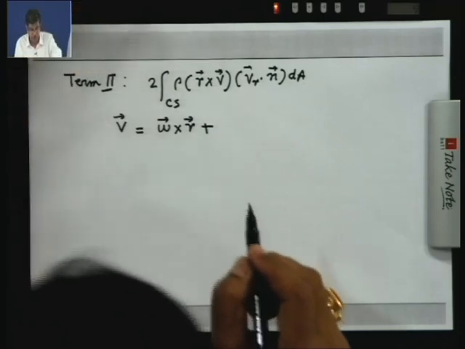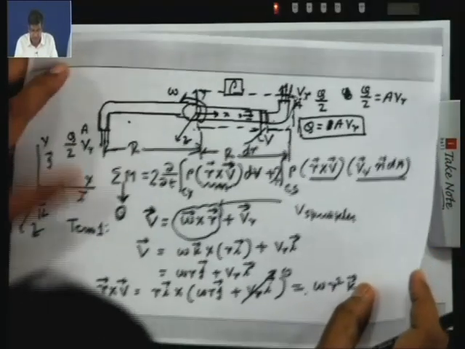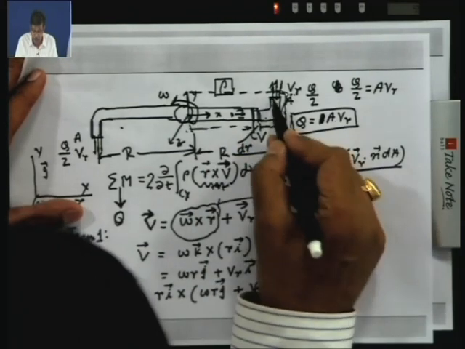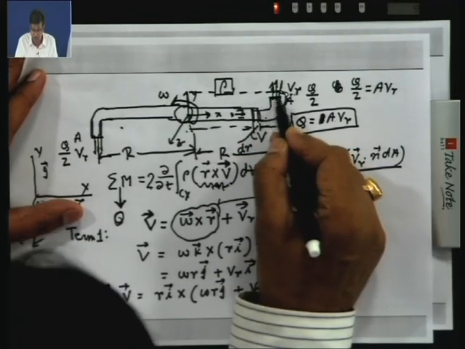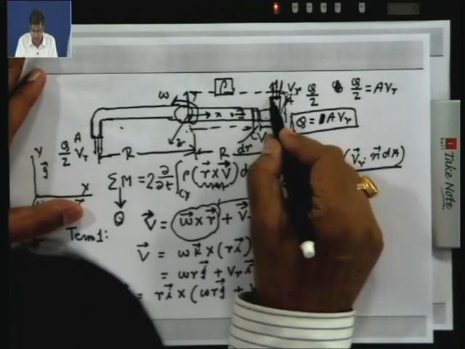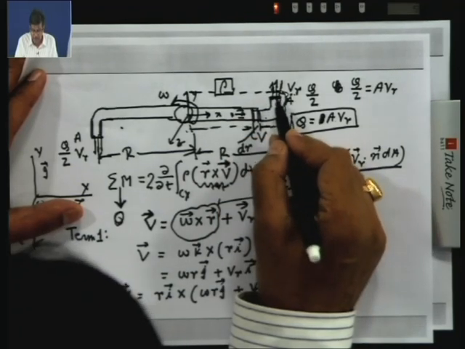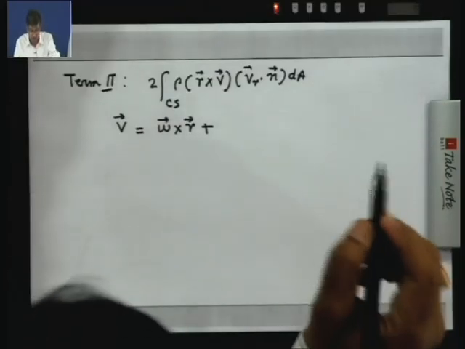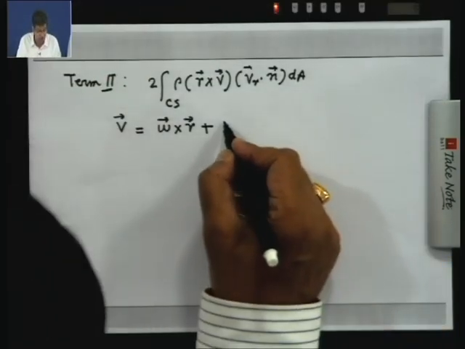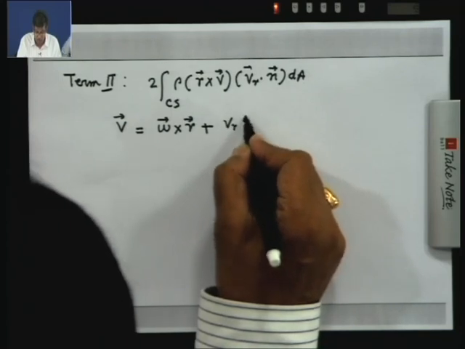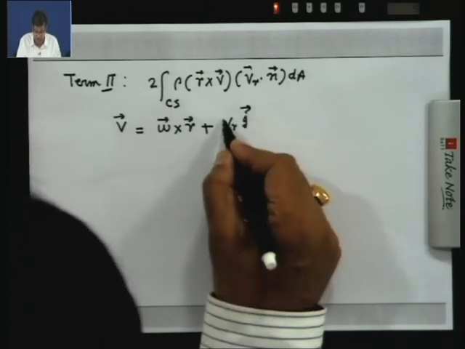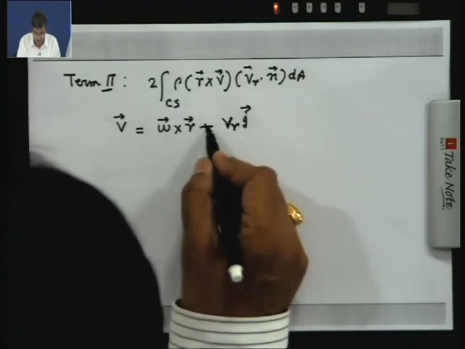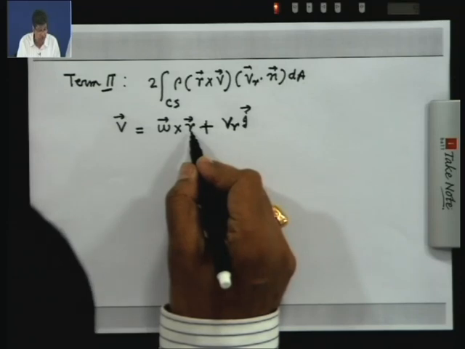This is over the control surface, where the efflux is, only efflux here, and there is no influx. So the velocity relative to this is V_R in this direction. Therefore V is the relative velocity, with scalar magnitude V_R in the j direction, plus the sprinkler velocity ω × R.